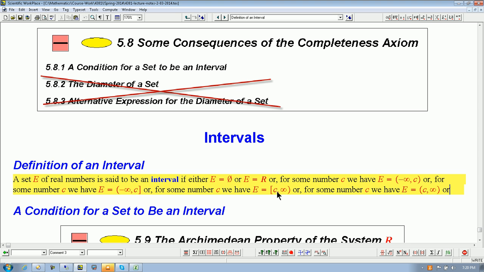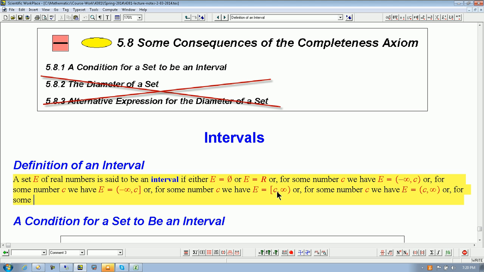Could have an interval from A to B. Yeah, for some numbers A and B, we have E equals the open interval running from A to B, or what? Intervals.